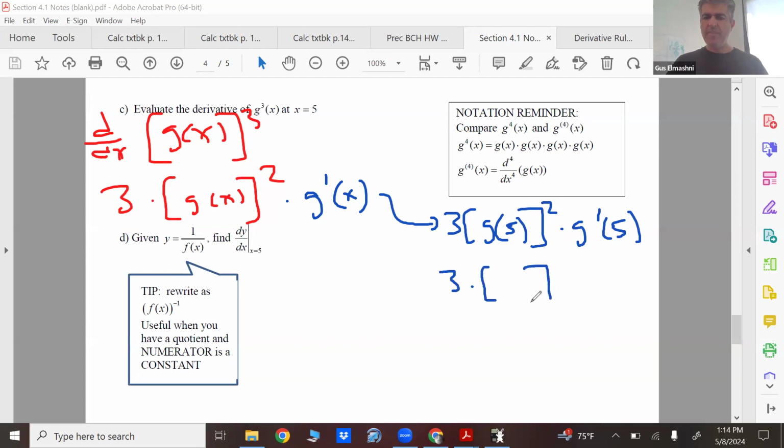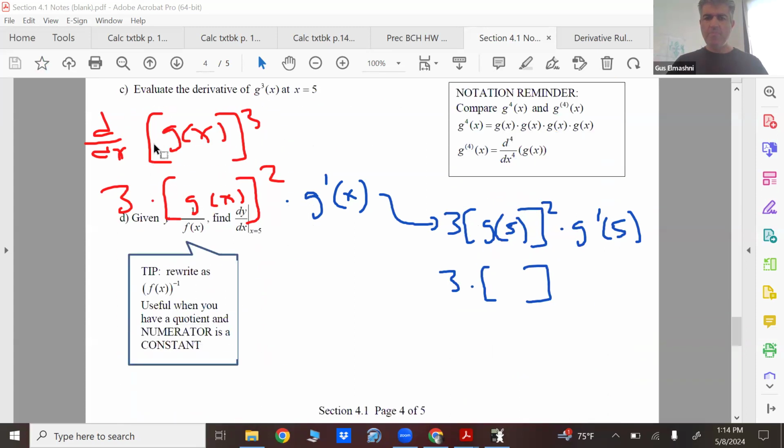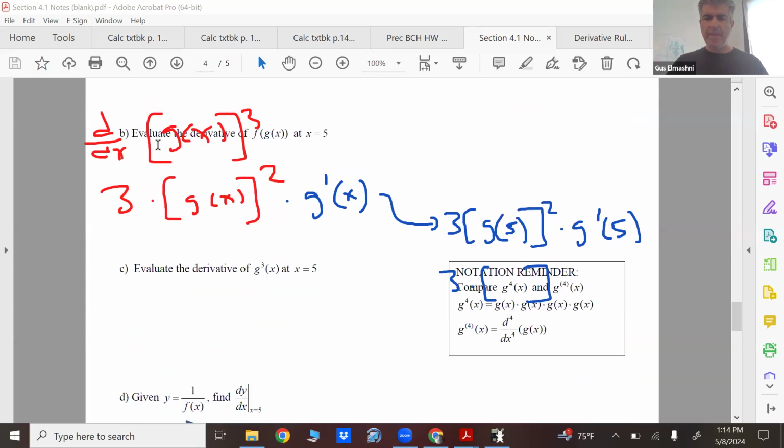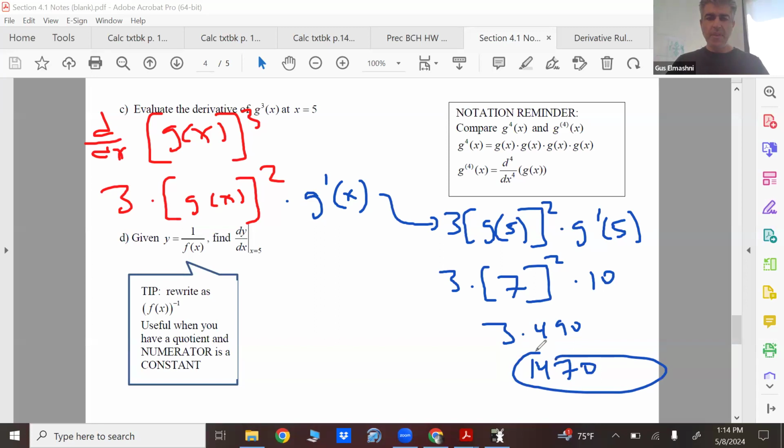What's G of 5? 7, okay. And G prime 5, 10. So 7, 10. What's that going to be? 1470? Okay. And remember, you could write it like this for part D, but it's not an inverse function, right?